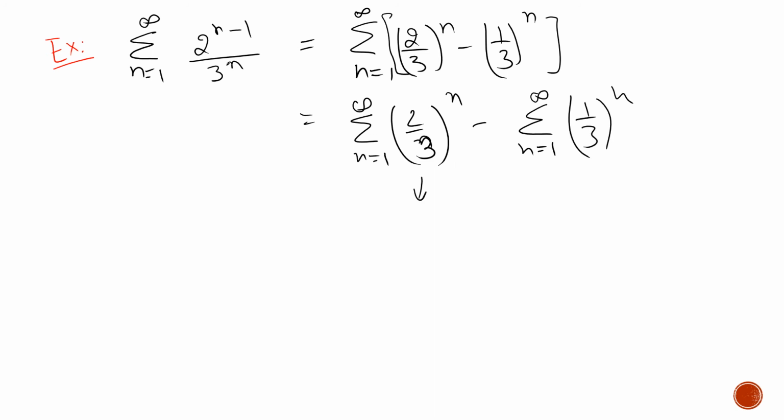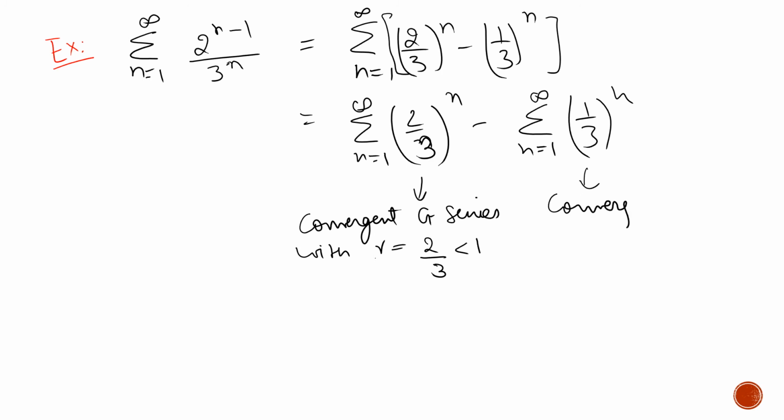Now this is my convergent geometric series. Why is it convergent? Because you have already proved that geometric series are convergent if the modulus of r is less than 1. So obviously here r is this, and this is also a convergent geometric series with r equal to 1 by 3, which is again less than 1.